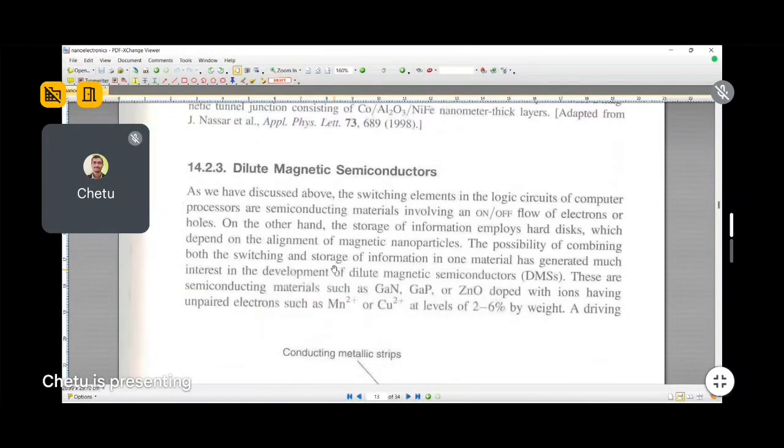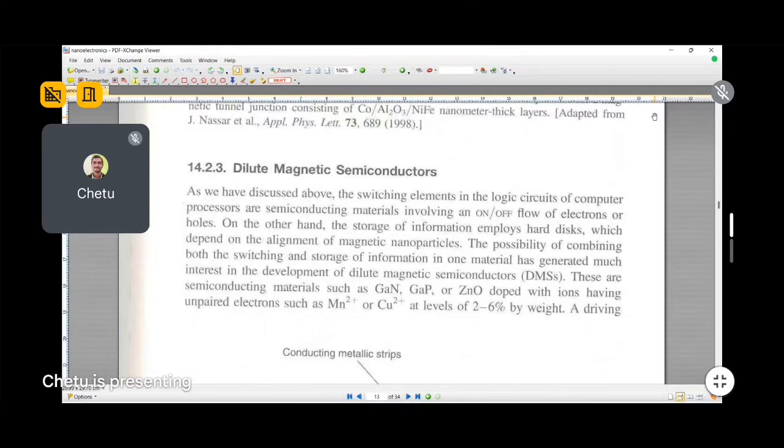Dilute magnetic semiconductors are one category of magnetic material, and in previous lectures I have touched on it, where we have seen different types of magnetic materials. Technically, all materials possess some sort of magnetism.